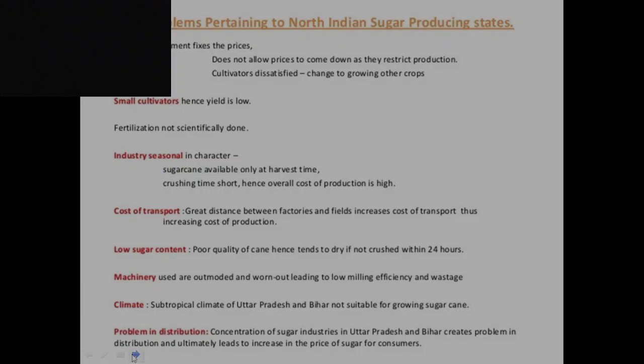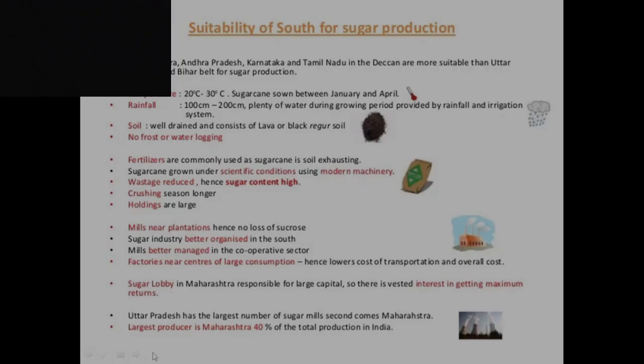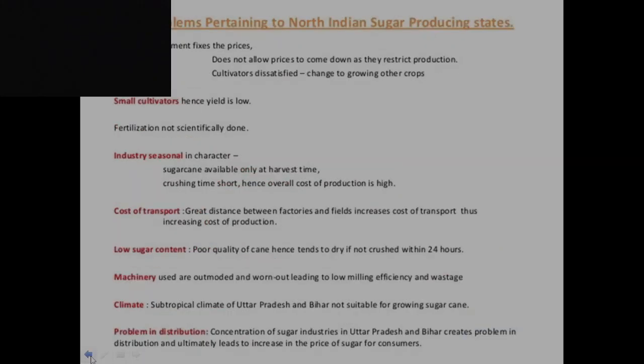Now, as all of you know, for an industrial crop like sugar cane, it is available only at the harvest time and the crushing time is short. Hence, the overall cost of production is high. And cost of transport: greater distance between the factories and the fields increases the cost of transport, thus increasing the cost of production also.